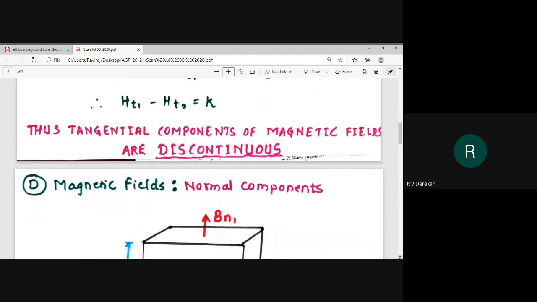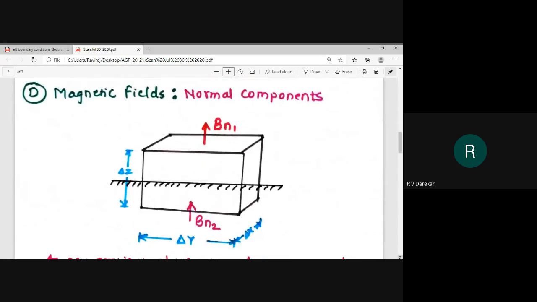Now reaching the last structure of our topic today, magnetic fields, normal components. Here we have considered a box or unit of very small length delta x, very small breadth delta y, and very small height delta z, and Bn1 and Bn2 are the magnetic field normal components.